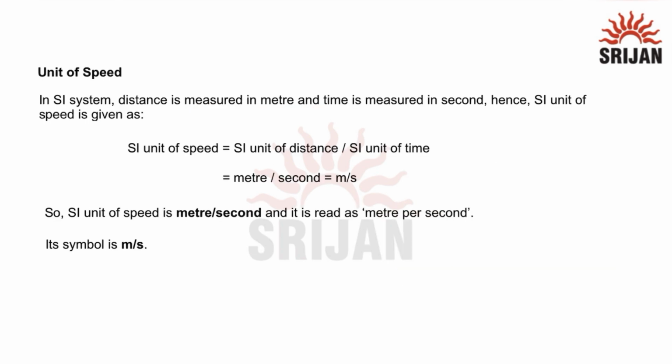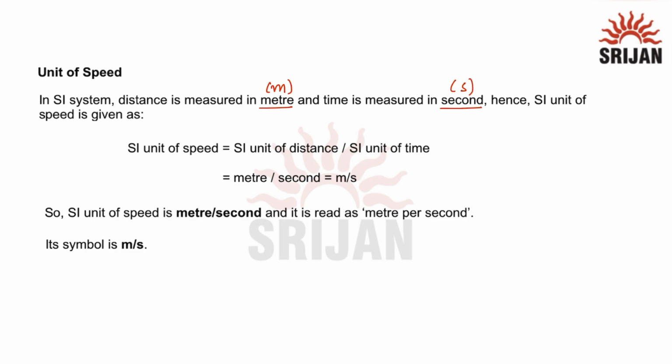Unit of speed. In the SI system, that is the International System of Units, distance is measured in meters, that is m, and time is measured in seconds, that is s.